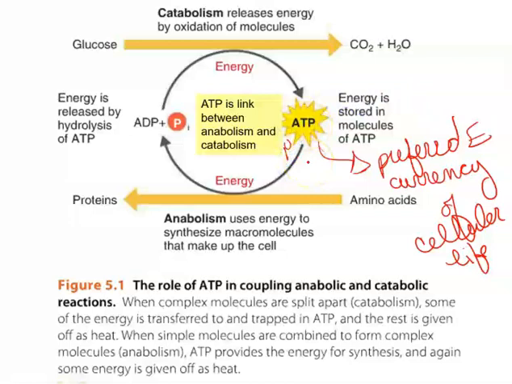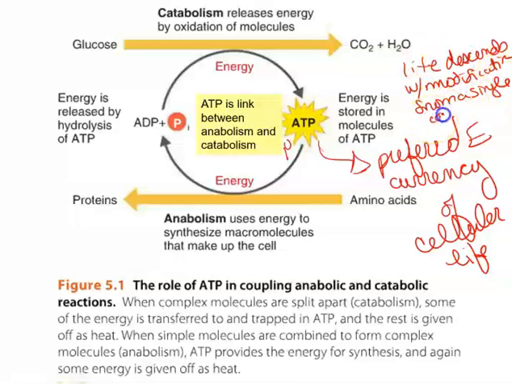Why ATP? Why all these cells? Because life descends with modification from a single common ancestor. So the idea is that there's conservation in evolution.